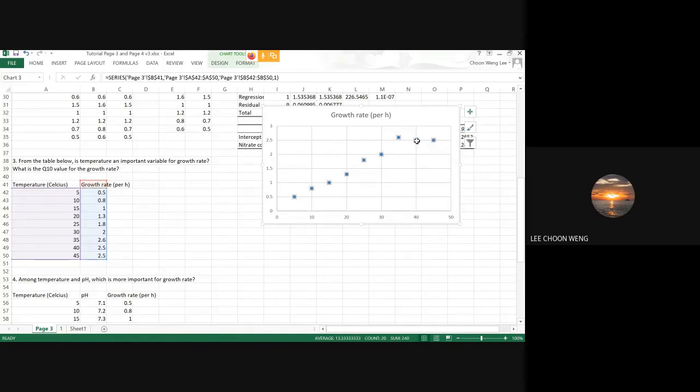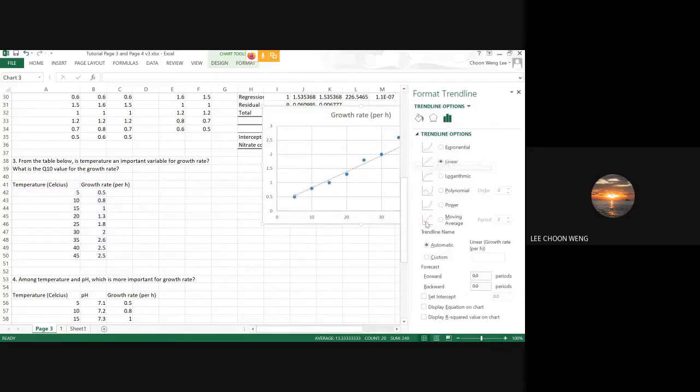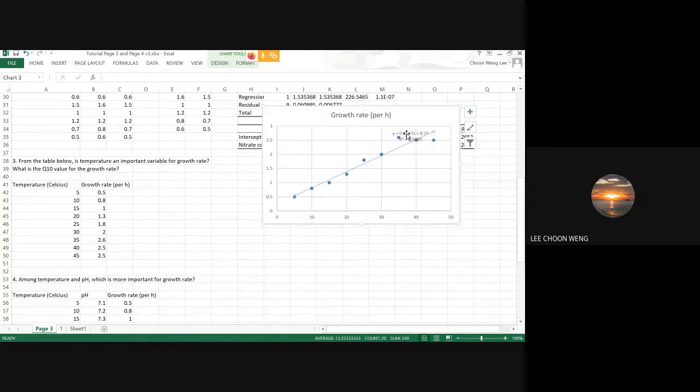Okay, so if you were to assume the whole graph, okay, it will be like this.